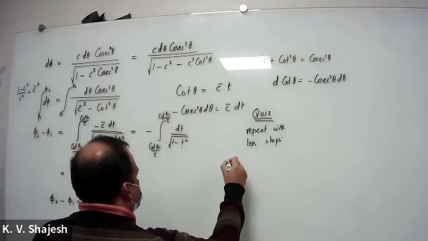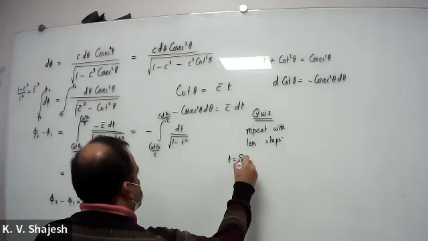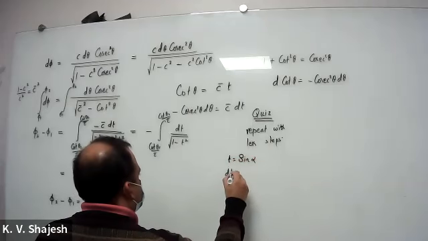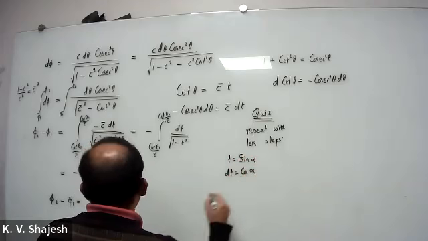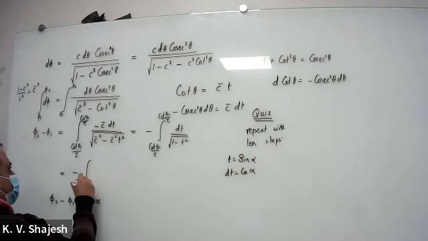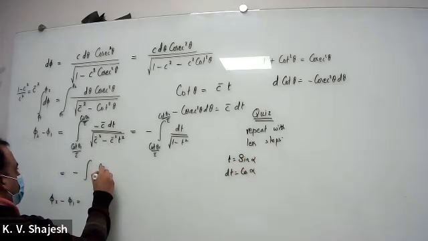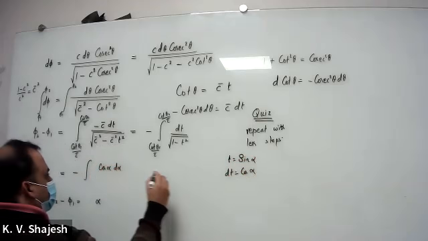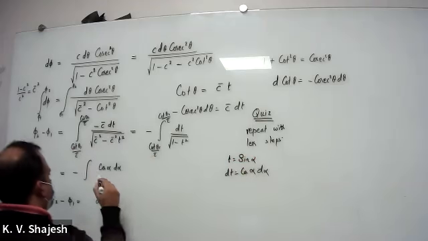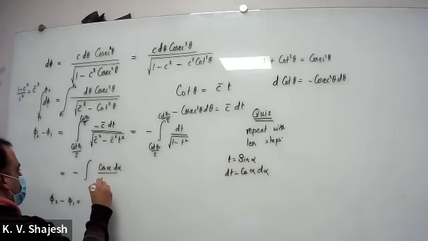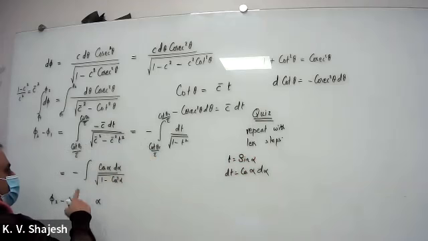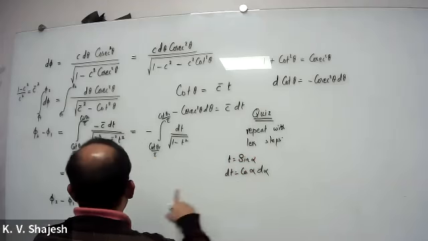I can substitute the other way also. t is equal to sine alpha. dt is equal to cosine alpha. Then I have the integral of dt, which is cosine alpha d alpha, over 1 minus cosine square alpha, 1 minus sine square.